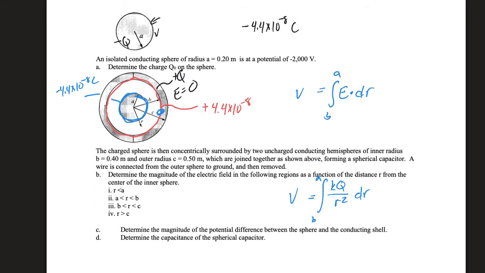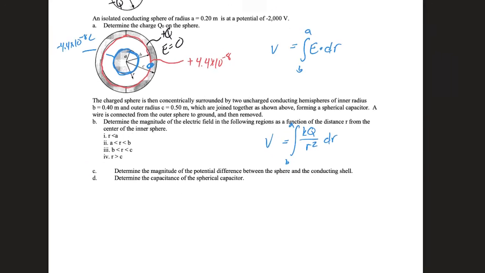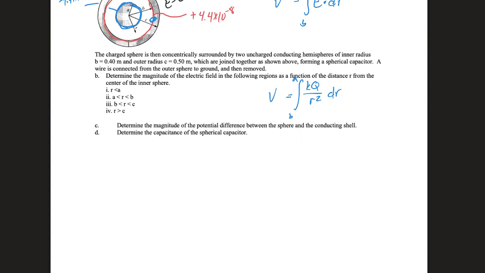Now, the K and the Q are constants, and that Q is the inner charge, the negative 4.4 times 10 to the negative 8. So this becomes KQ times the integral of R to the negative 2 dr from B to A.